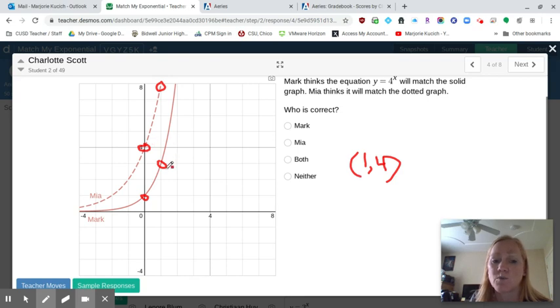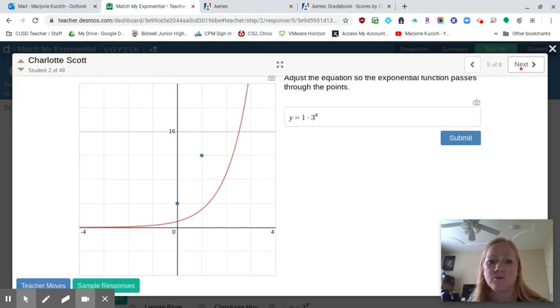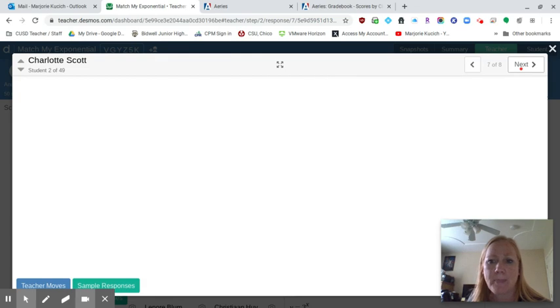It turns out that it's 1, 3. So the equation we were actually looking for is y equals 3 to the x power, not 3 to the 4th power. Ooh, now I've got to figure out how to get rid of this. Oh, there we go.